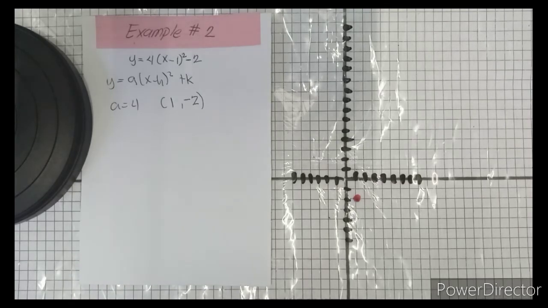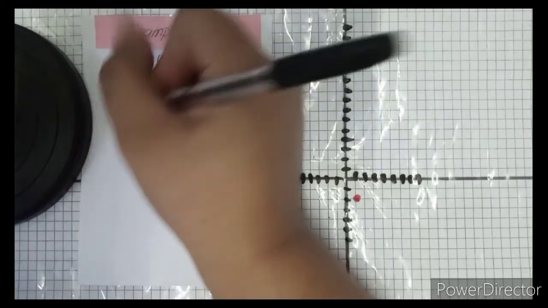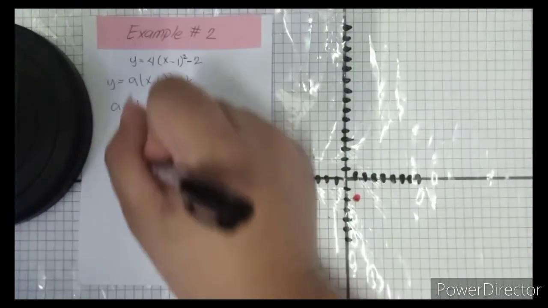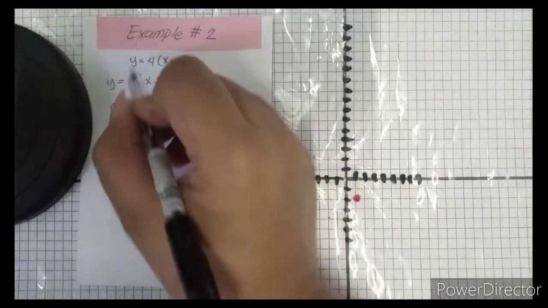So, opening upward siya. Okay? Then, ang a natin is 4. So, apat na beses din tayong aakyat. Okay? So, let's try or let's make a table na. Okay? So, kunin natin ulit to.